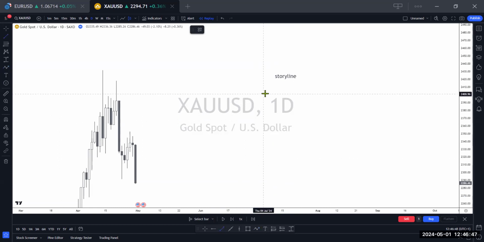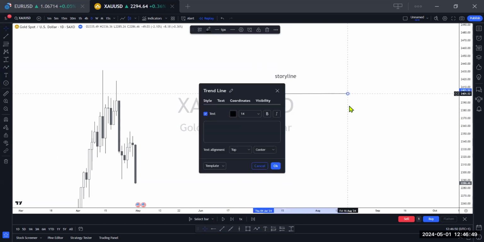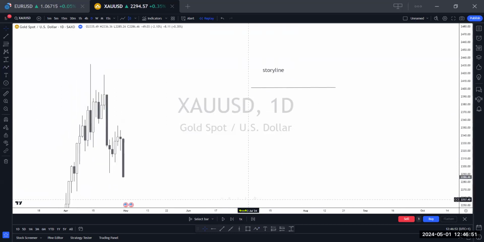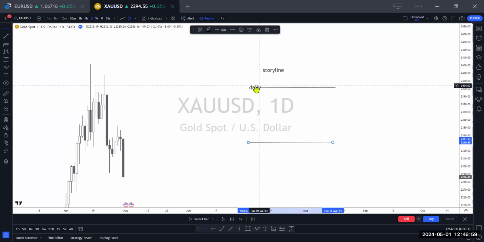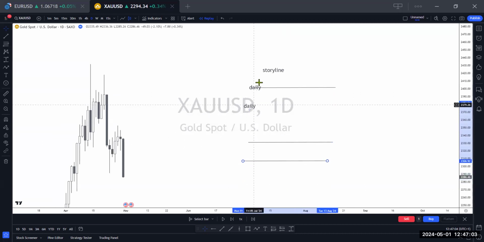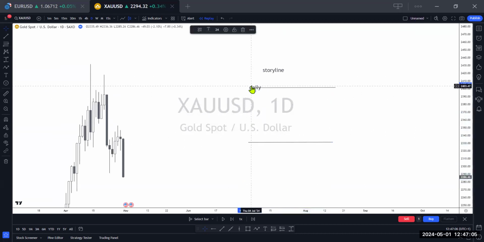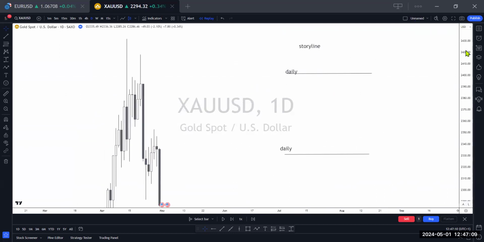Okay, so an example, let's say we have daily storyline right here. So this is a daily resistance, this is a daily support.